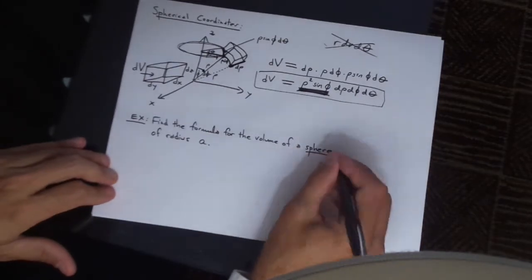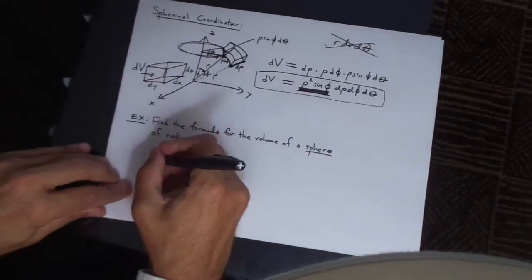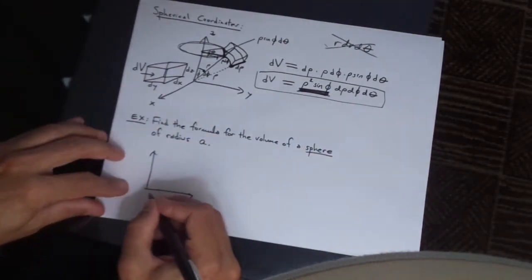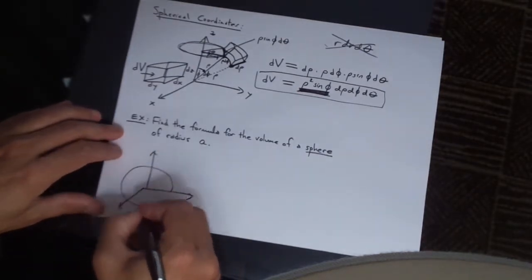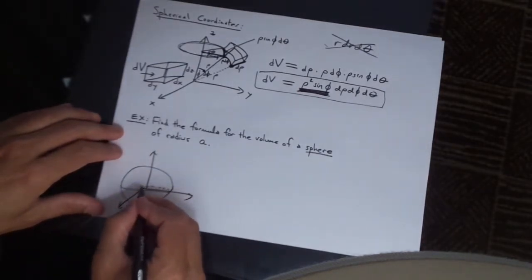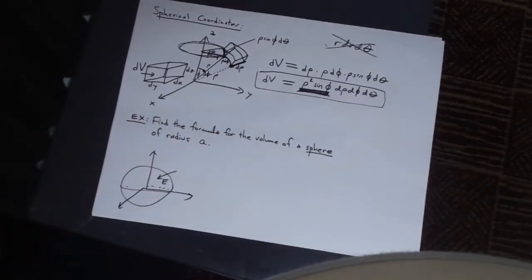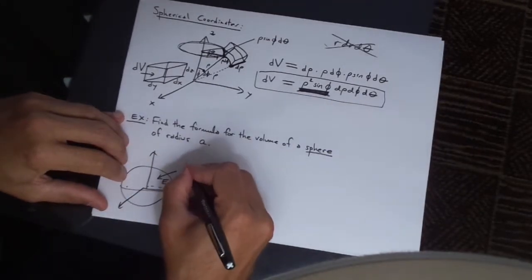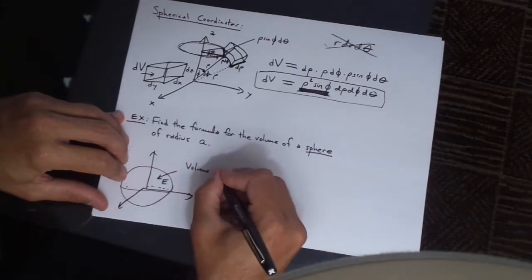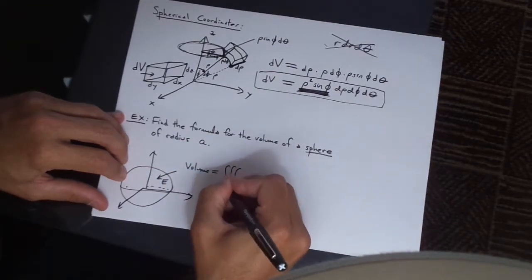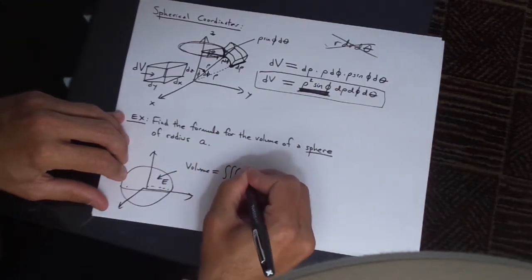Now, we're talking about a sphere, so spherical coordinates would be a reasonable choice to use for finding the volume here. Okay? So this is my region, or my solid 3-space E. So the volume is just the triple integral over E of dV.